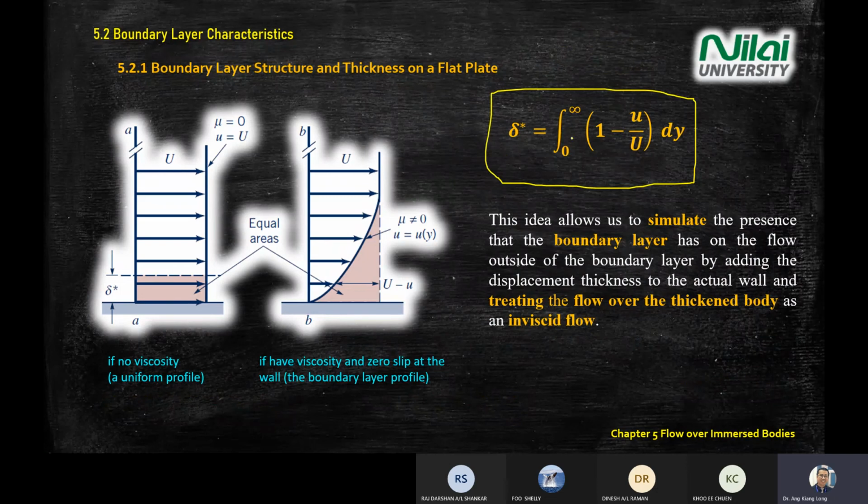It will enable you to simulate the boundary layer above a plate. This equation is important when you use simulation software, where it will generate the thickness for you. They are using this equation to generate the thickness of the boundary layer.